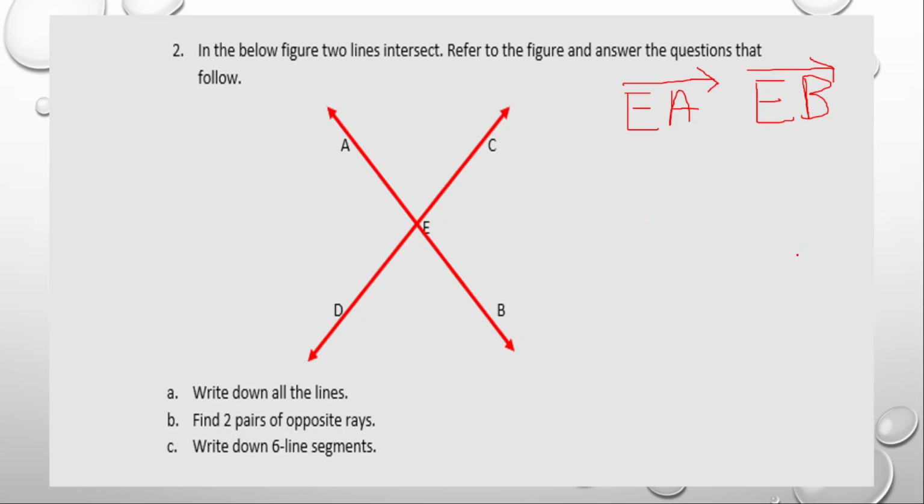They say two pairs of opposite rays. So another pair will be not CE, right? The starting point is E, and it moves through C. And opposite EC is EG. Start at E and it goes through point... What did I do here? No, that is wrong. Okay, let me just clean this because I don't want to confuse you.